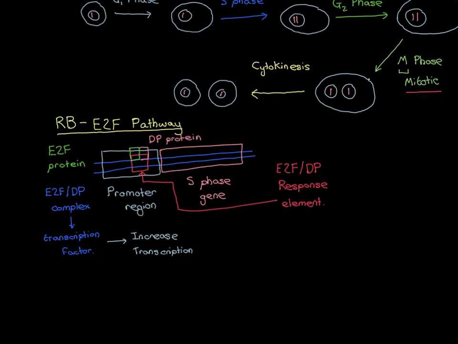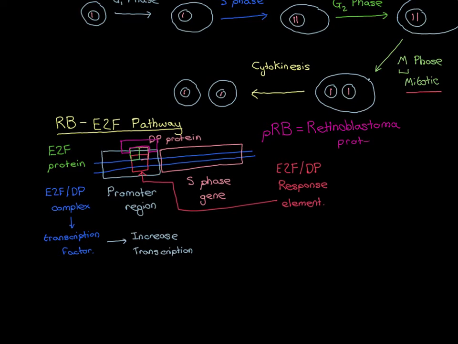So let me now add on another protein, and I'll find some impressive colour to have this in. Let's have it in this vivid purple colour here. So bound on top of the E2F DP complex is the next protein that we want to talk about, and this is called the retinoblastoma protein, pRB for short. It's named because it was found to be misfunctioning in a certain type of cancer called retinoblastoma.